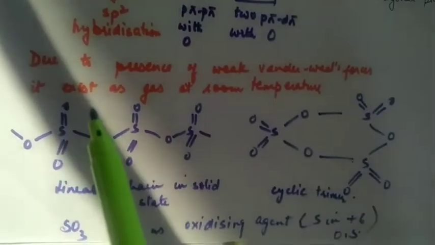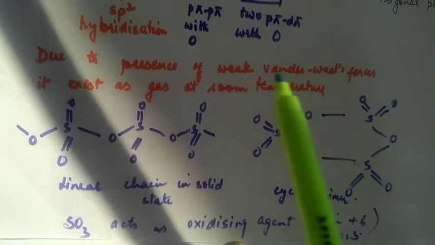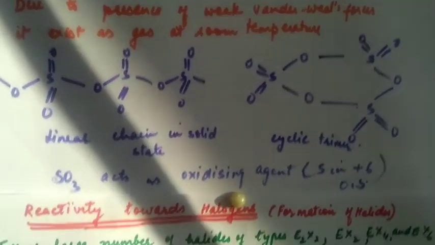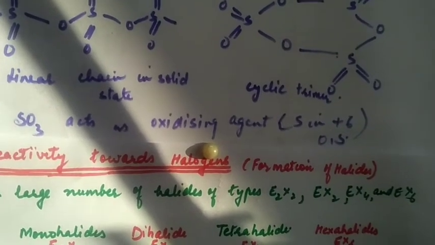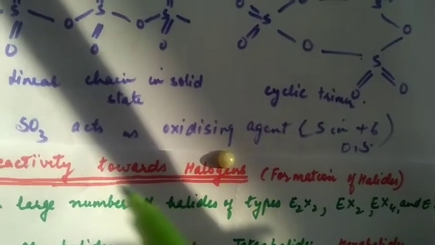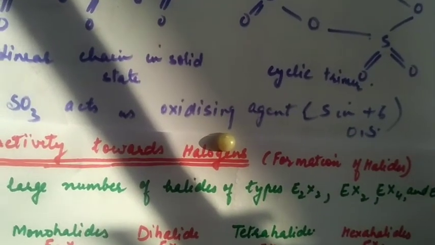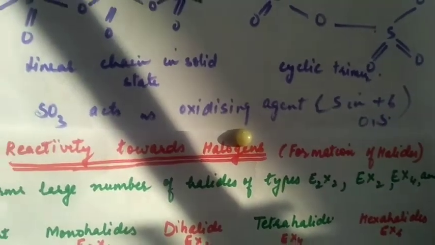Sulfur trioxide has weak van der Waals forces between the molecules and exists as a gas at room temperature. It acts as an oxidizing agent because the sulfur in this case is in the +6 oxidation state and can easily accept electrons.